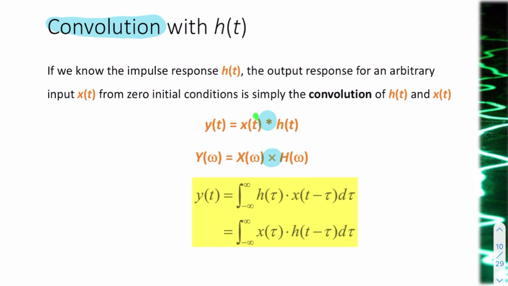So if I take my input in the time domain and convolve it with the impulse response, h of t, that will give me my output y of t. So the output is the input convolved, that's the convolution integral, with the impulse response.